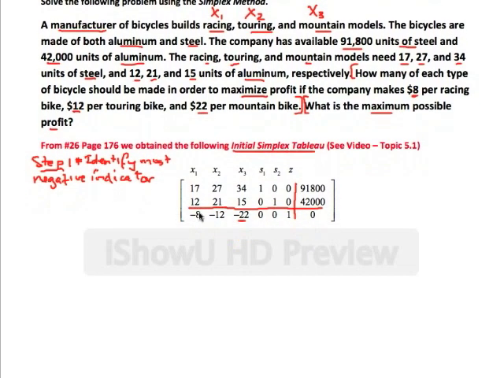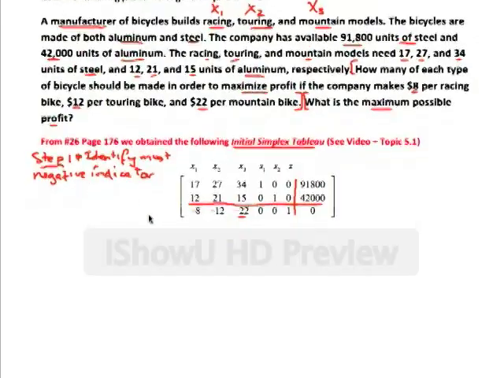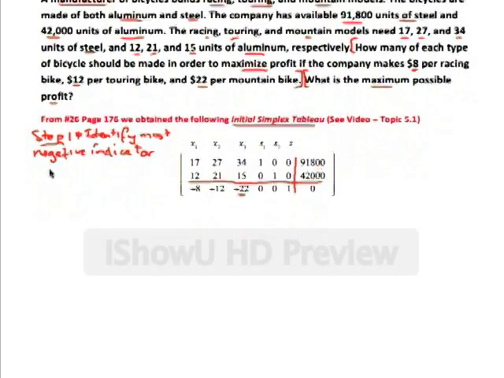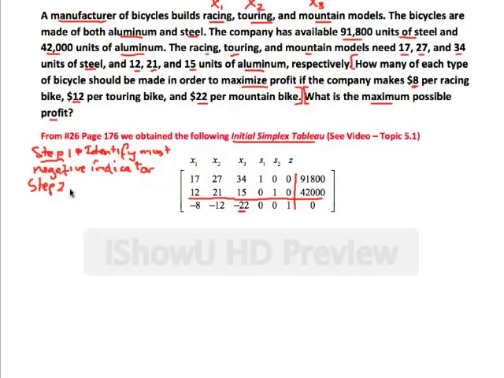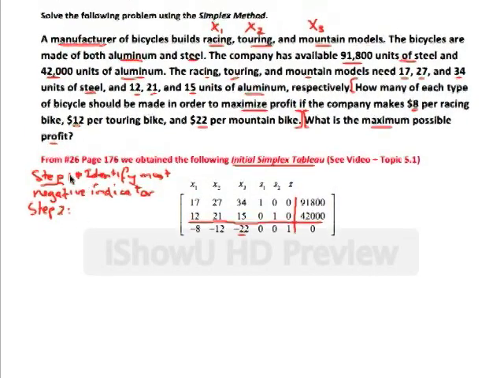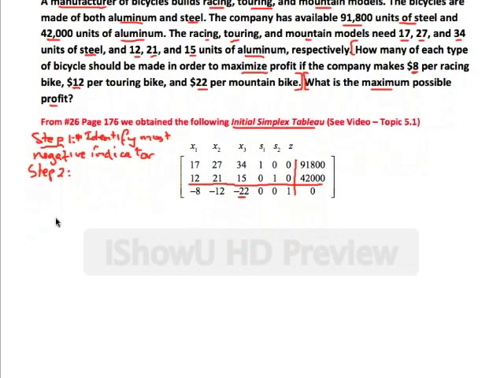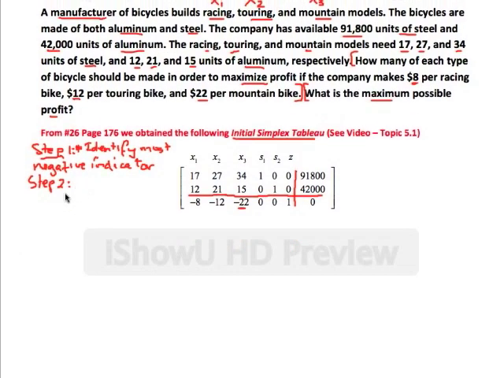So of course this is 22. And then step two, and you'll need a calculator for this, so you might want to pause it and make sure you've got a calculator.